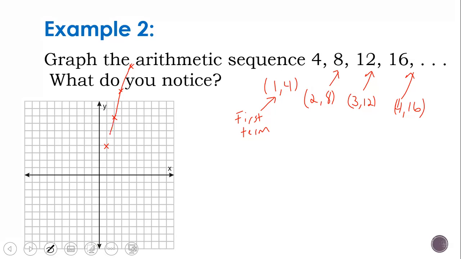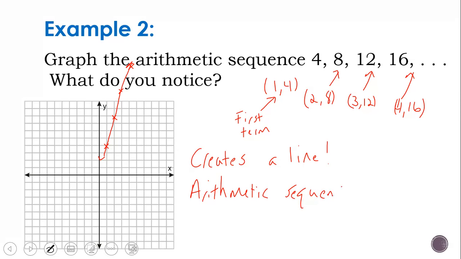You'll notice here, like I said before, that it creates a line, because arithmetic sequences are linear when graphed. So if we continue the pattern, we can see that the 5th term would be 20 because we're going up by 4 each time. The 6th term would be 24, and so on and so forth.